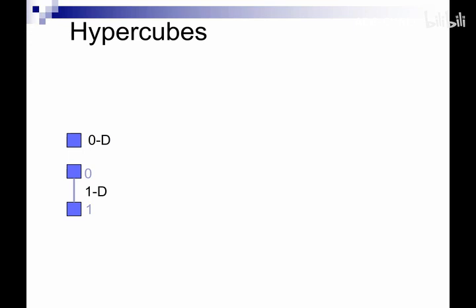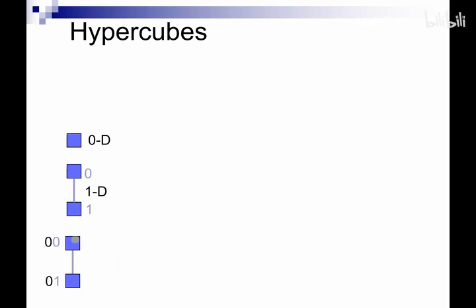Now, once you have a 1D hypercube, you can make a 2D hypercube. The way that you can do that is you take 2 copies of these 1D hypercubes, and then you connect the corresponding nodes. Now we can also label the nodes in the 2D hypercube. The way you label them is that you start from the 1D labeling, which is that we label these nodes 0 and 1.